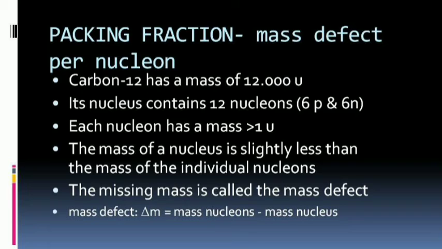Each nucleon has a mass of 1 unit. So the mass of the nucleus is slightly less than the mass of the individual nucleons. The missing mass is called the mass defect, and the mass defect is given by delta m equals mass of nucleons minus mass of nucleus.